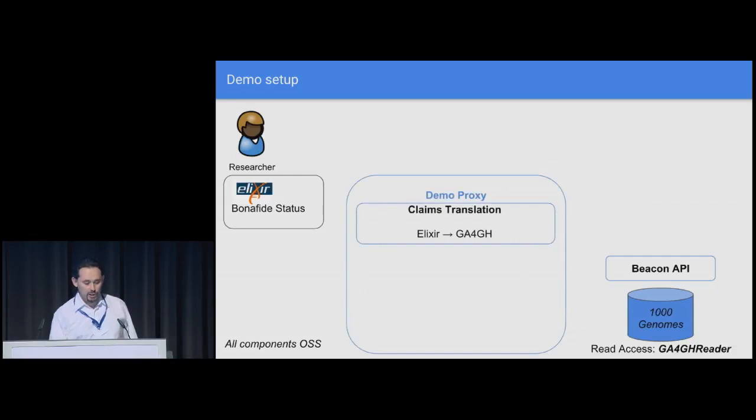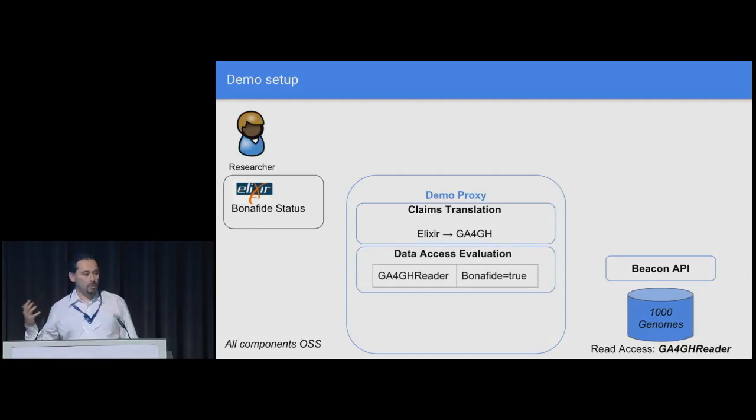And what's going to happen is we're going to have a login through Elixir in some UI. We're going to make a request to a Beacon API, which should fail if we're not authenticated or we don't have bona fide status. And it should succeed if we have it. And so there is a configuration here that basically expresses the requirement to have a bona fide status in the language of GA4GH claims.